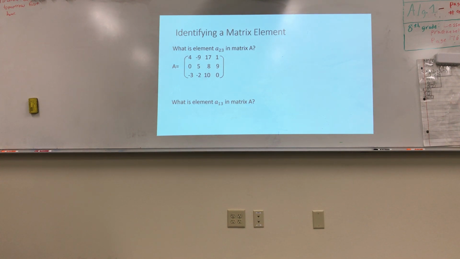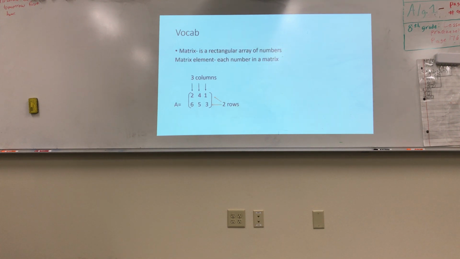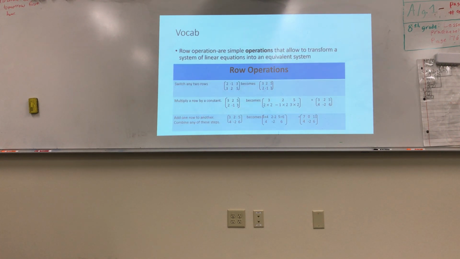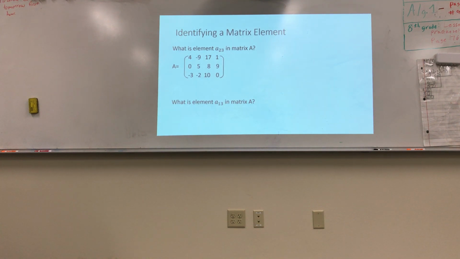What is the element at A23 in matrix A? The first one tells you what row to be in. You want to go back to here, rows are the ones that move back and forth, up and down are your columns.